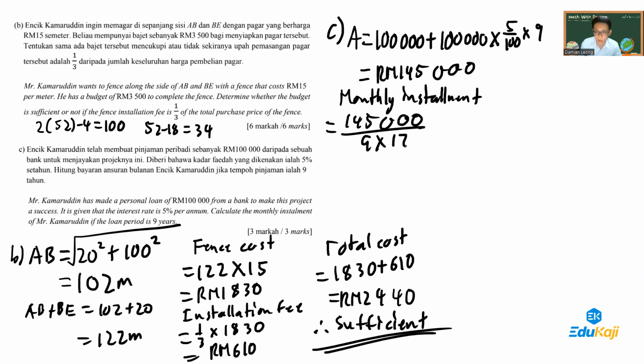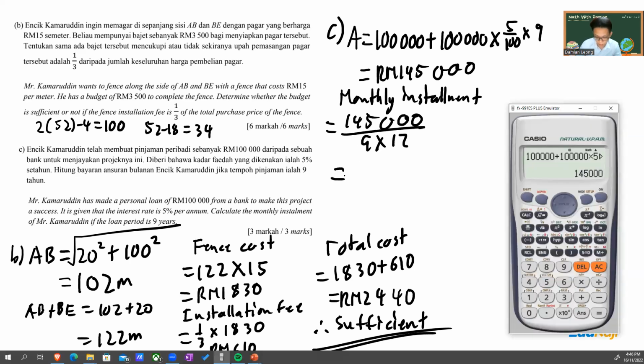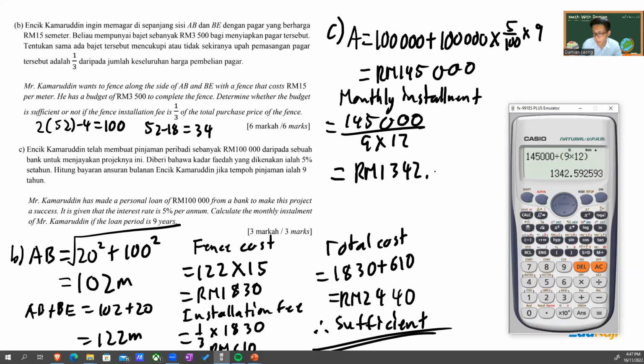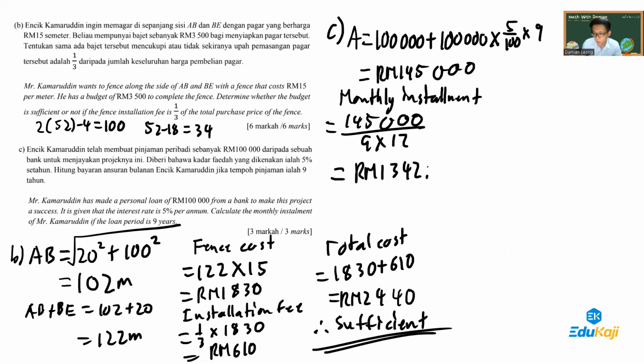So 9 years times 12 months each year. 145,000 divide bracket 9 times 12. 1,342 ringgit and 59 cents. Yeah, that's it.